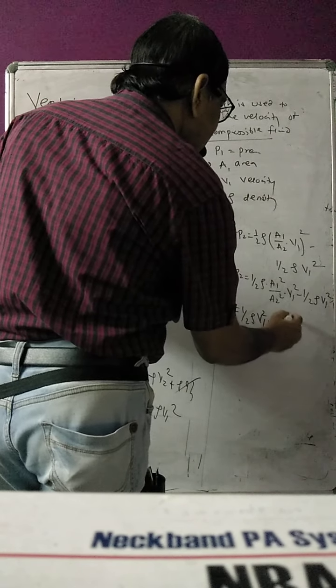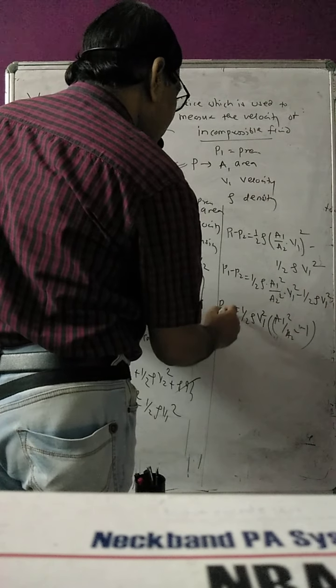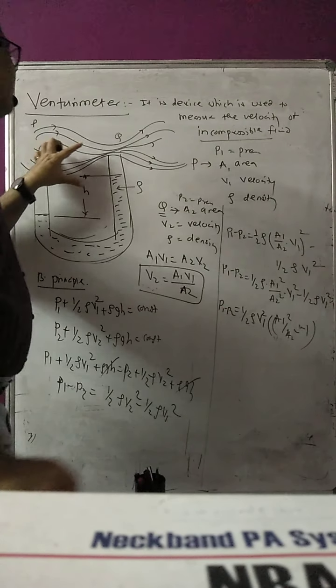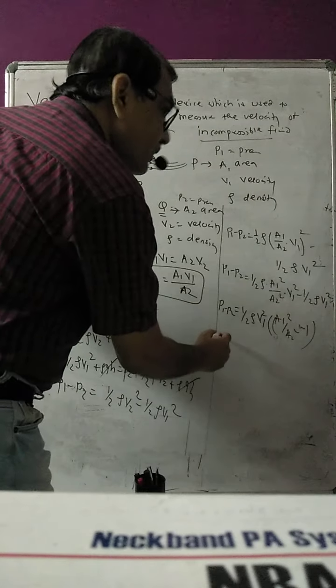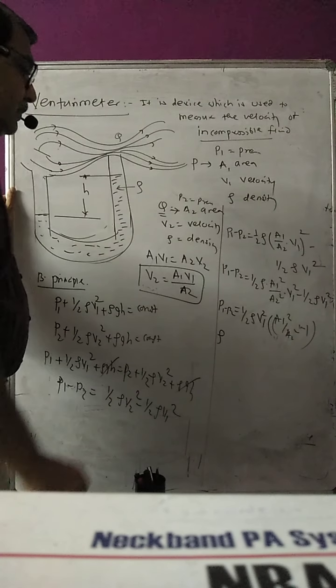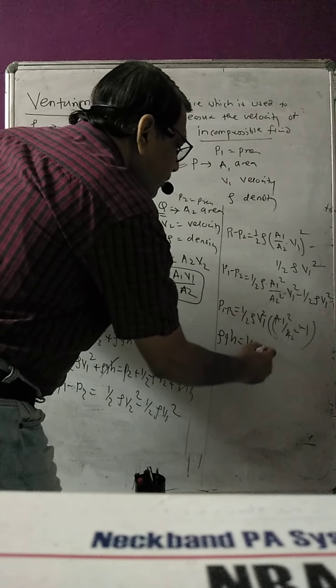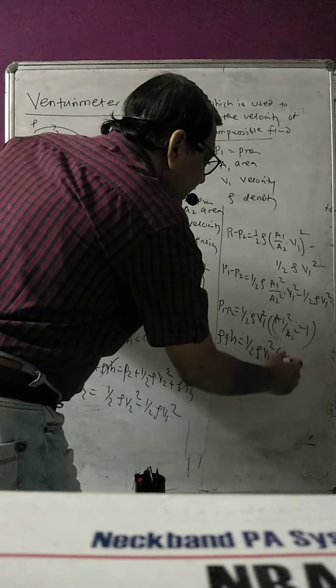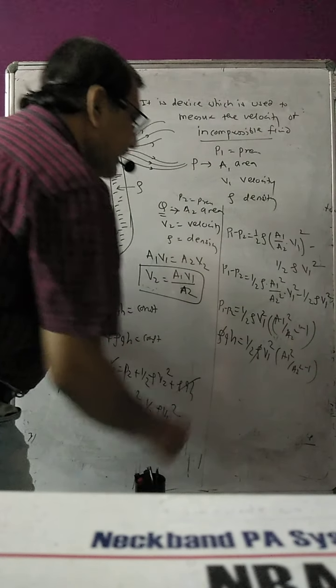A1 square upon A2 square minus 1. P1 minus P2 is the difference of pressure at these two particular points, that is equal to rho into g into h, that is equal to 1/2 rho V1 square (A1 square minus A2 square) upon A2 square. Rho will get cancelled.